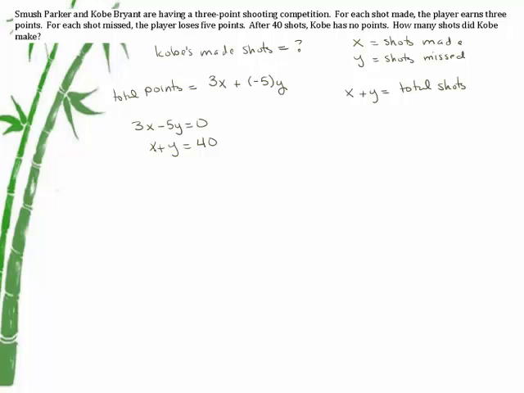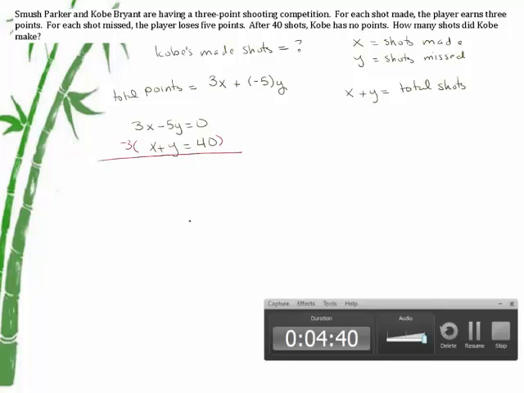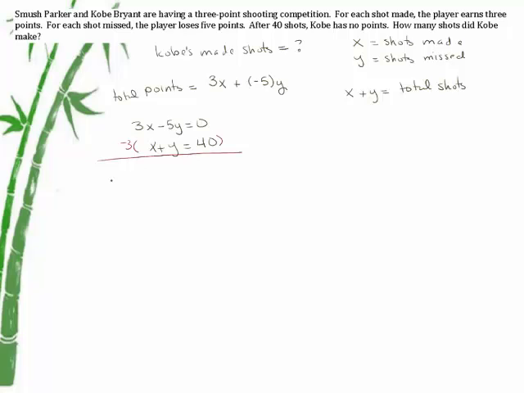If I wanted to do substitution, I could solve for X or Y and plug that in, or I can use elimination and multiply this equation by either -3 or +5 to eliminate the 3x or the -5y. I'm going to do the -3, and the reason I'm going to do that is because multiplying by -3 is actually not that difficult of a proposition, and I'm trying to make this as simple as possible.